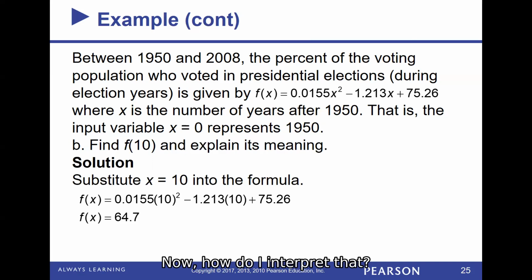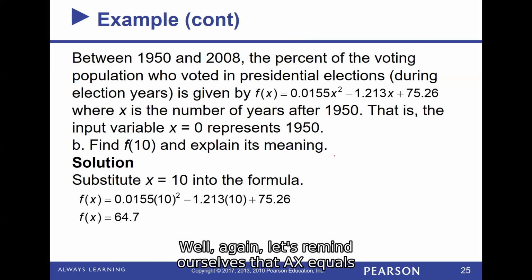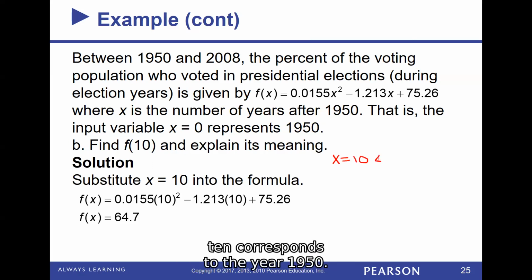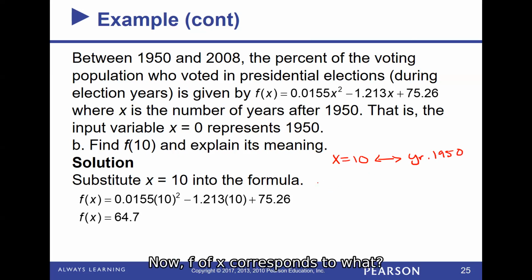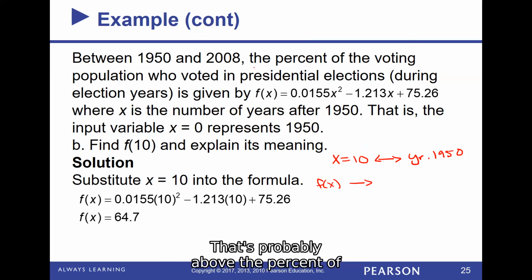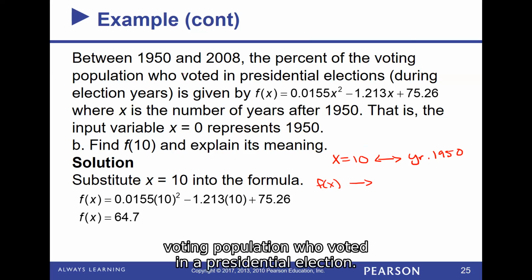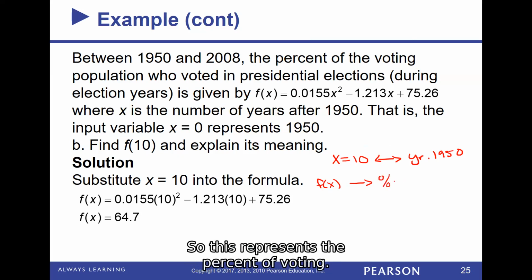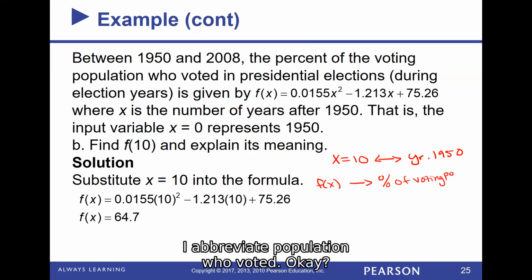Now, how do I interpret that? Let's remind ourselves that x equals 10 corresponds to the year 1960. Now, f of x corresponds to what? Somewhere in the problem, it says something is given by f of x, so it's probably above this: the percent of voting population who voted in a presidential election. So this represents the percent of voting population who voted.